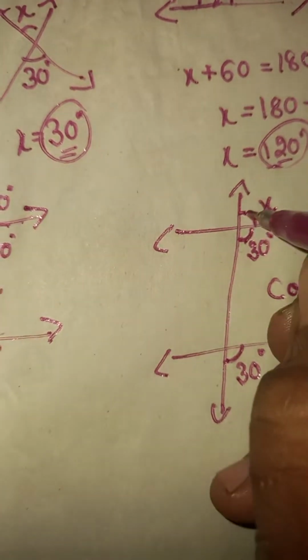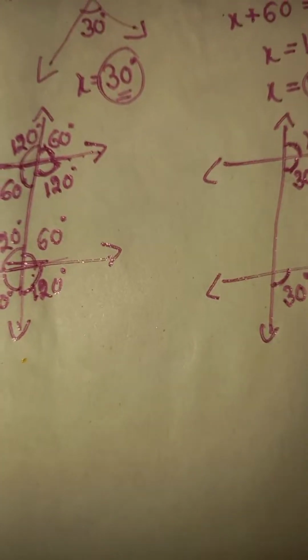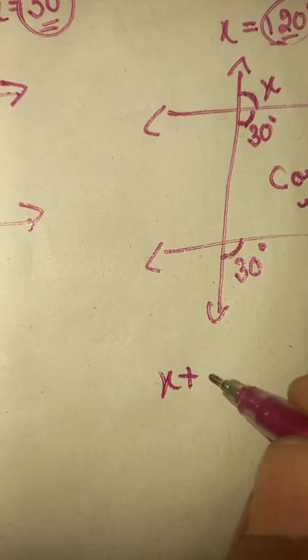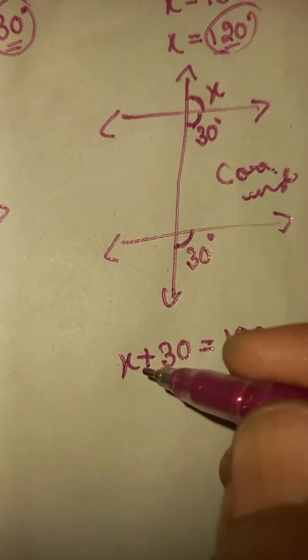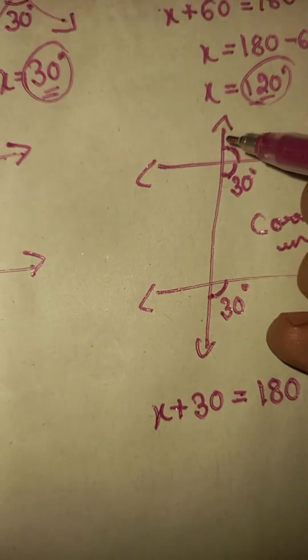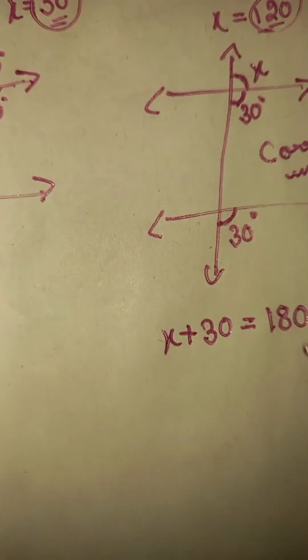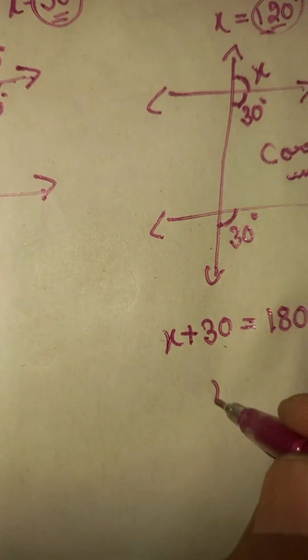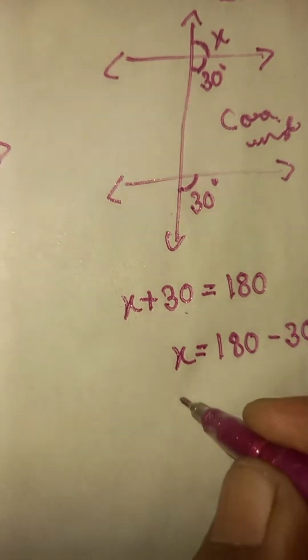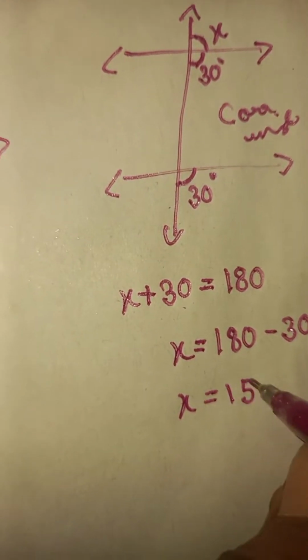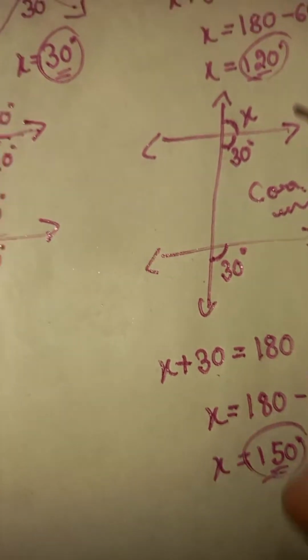Now 30 degrees plus x equals 180 degrees, since these two are angles on a straight line. This 30 degrees moves to that side, so x equals 180 minus 30, so x equals 150 degrees.